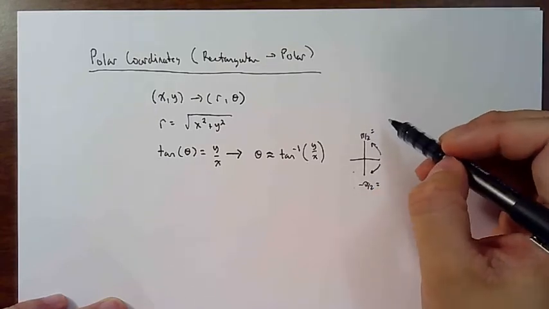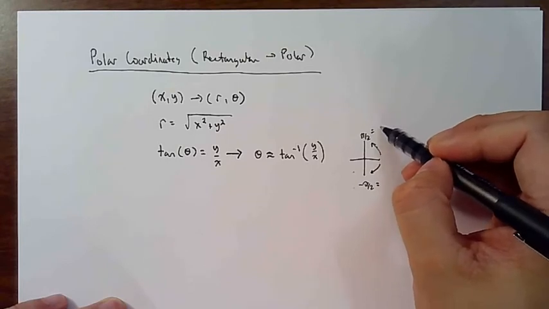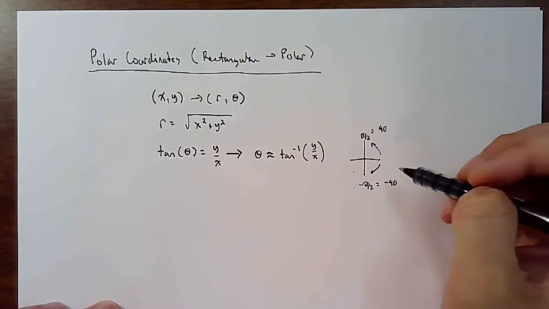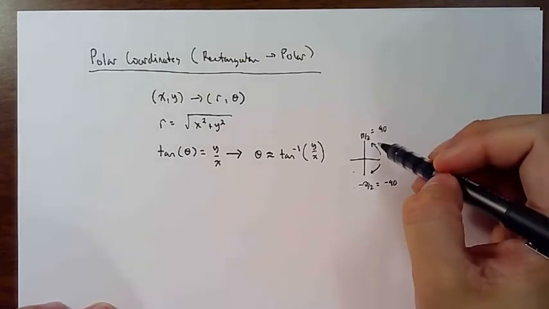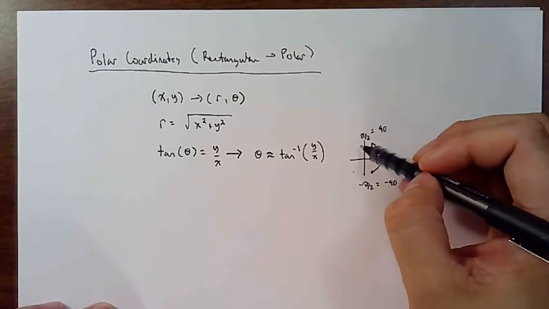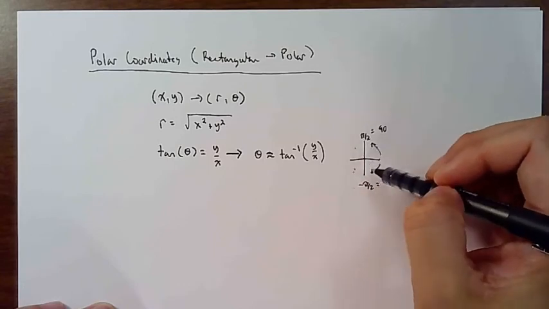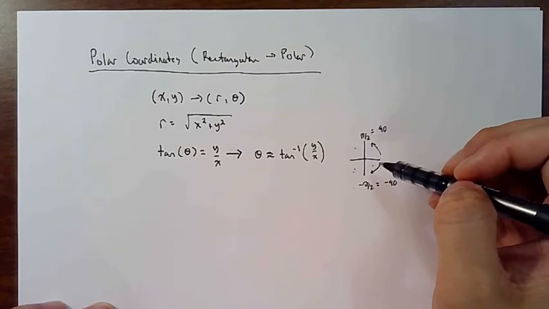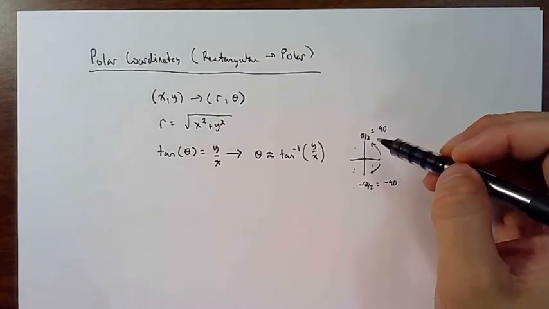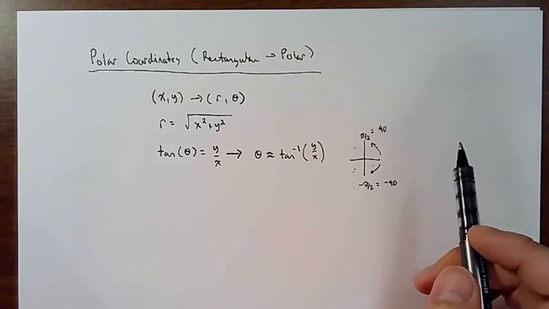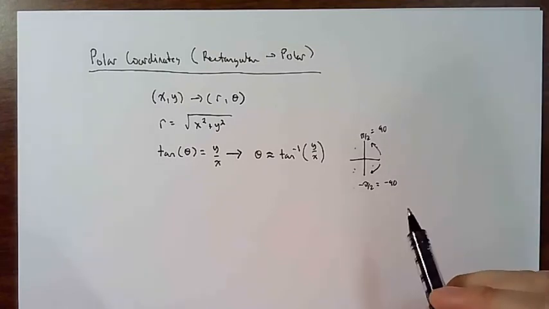I believe that we are going to be asked to be using degrees, so this is between negative 90 and 90. So arctan only gives you things between these two things, which means that if your point winds up on the other side or even down here, maybe something quirky is going to happen where you have to adjust it. Okay, so let's just do an example and see what happens.